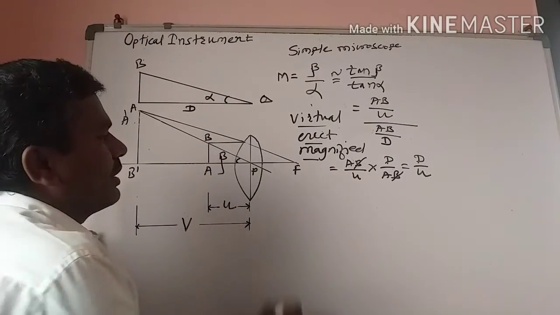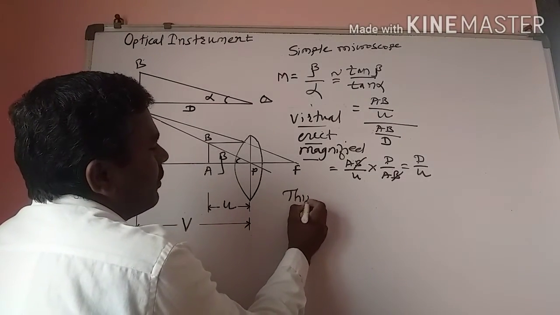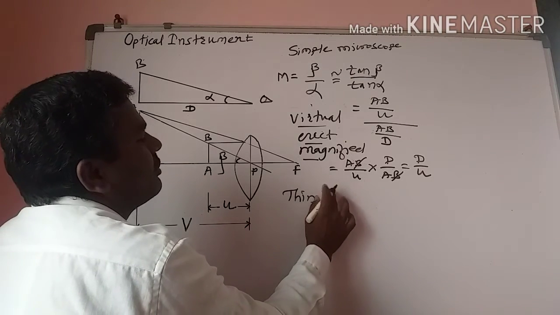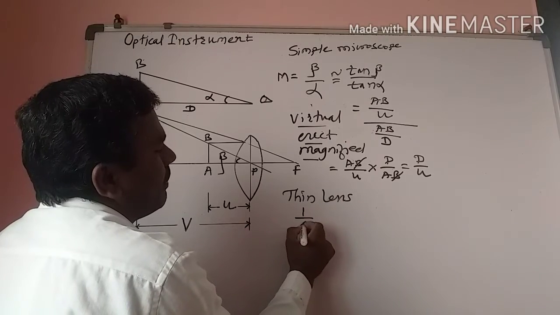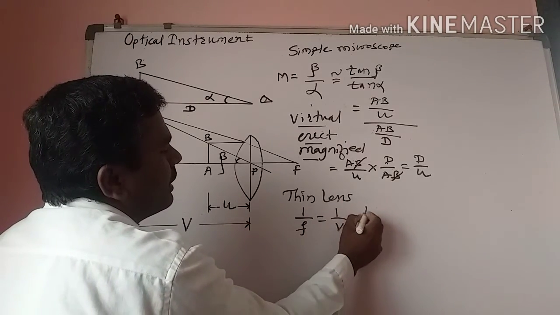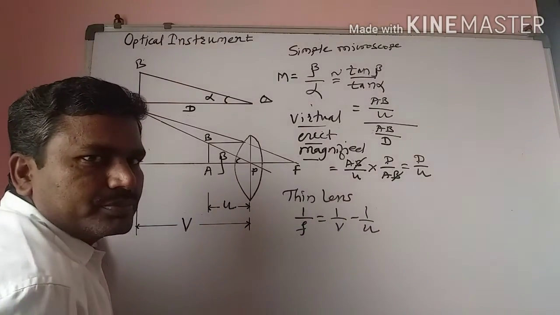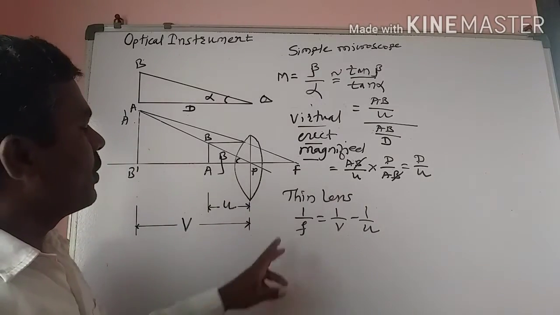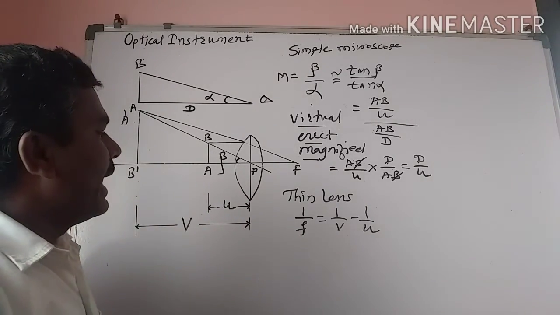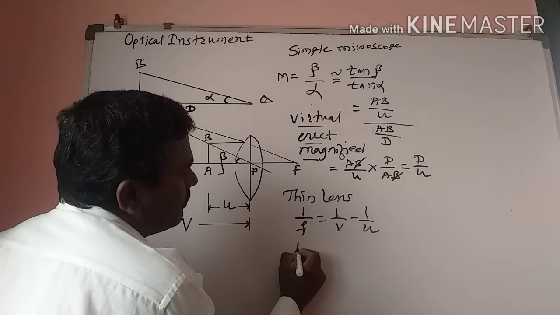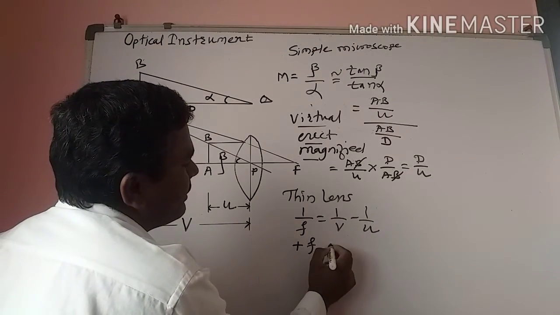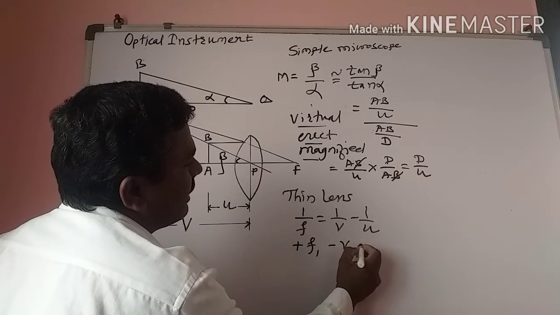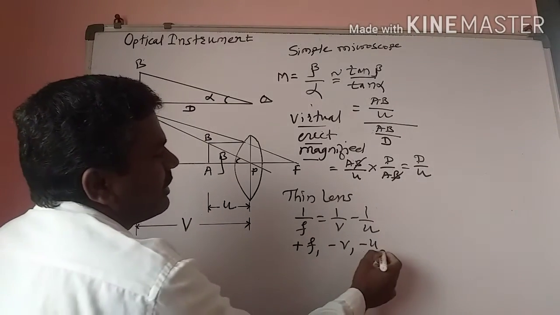We know that for a thin lens, 1 upon F is equal to 1 upon V minus 1 upon U. When we use this formula for the simple microscope, the focal length has a plus sign, image distance has a minus sign, and the object is on the left side, so it is also minus.